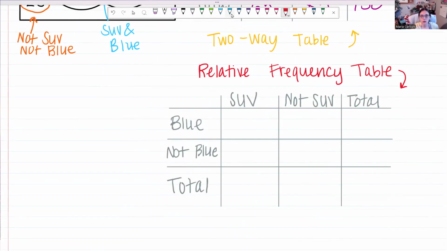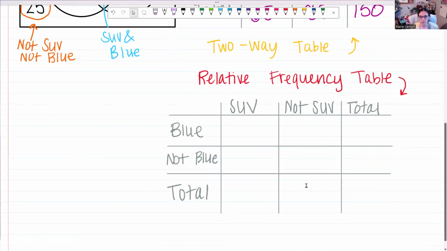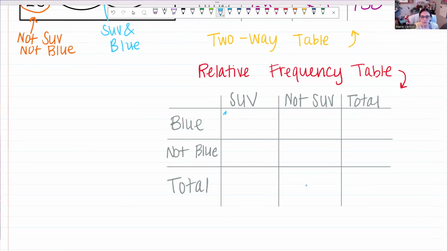So we know that there were 20 blue SUVs in total. So 20 blue SUVs out of the 150 total vehicles. If you divide 20 by 150, that is a relative frequency of 0.133 repeating. So that's the relative frequency of blue SUVs.